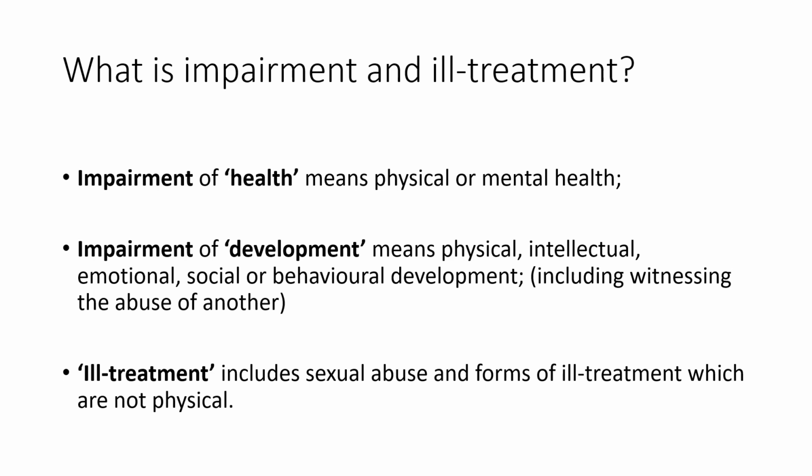Otherwise, impairment of health means physical or mental health, and impairment of development means physical, intellectual, emotional, social, or behavioural development, including the impairment resulting from witnessing the abuse of another person. Ill treatment is abuse. It includes sexual abuse, physical abuse, and forms of ill treatment which are not physical.